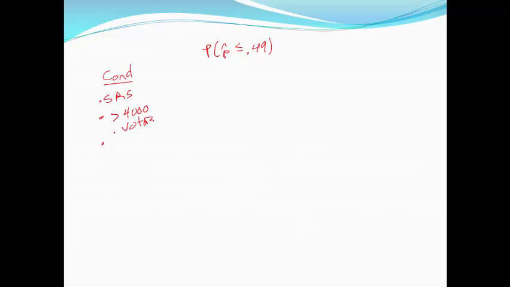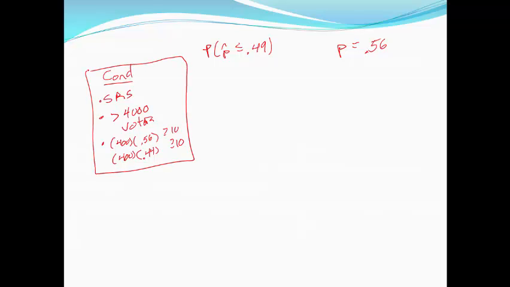And then we need n times p and n times q to be greater than or equal to 10. So real quick, what I like to do as well is just jot down that the p-hat I'm dealing with is 0.49. The p, the true proportion, was 0.56. So p is 0.56, q is 0.44. Those are both greater than or equal to 10.